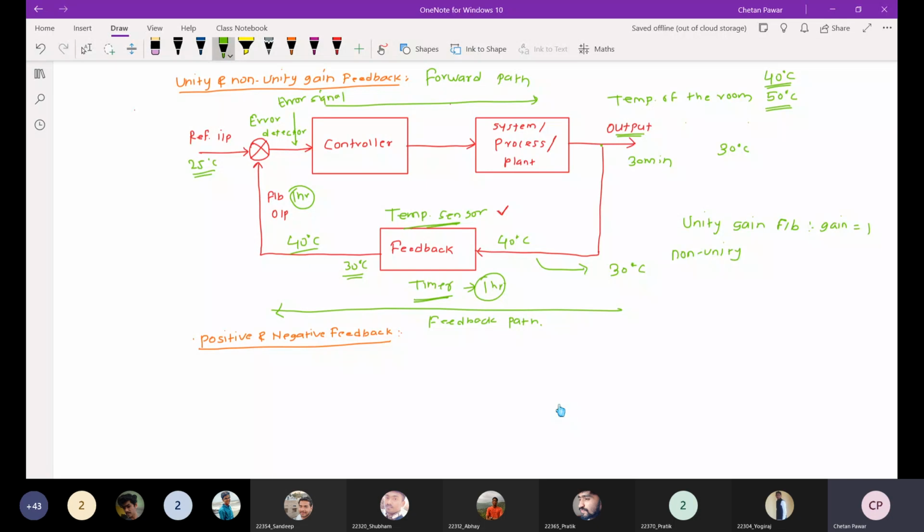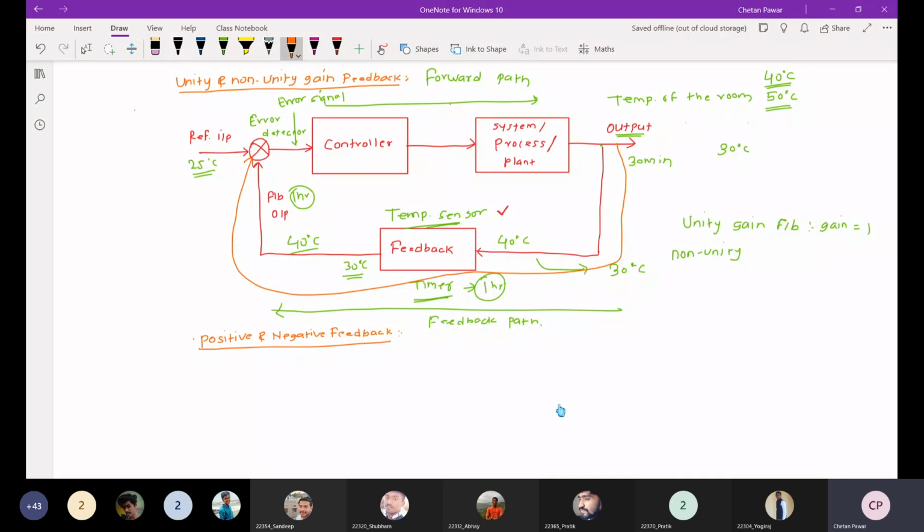Even if you directly connect this output to the error detector, that feedback will be unity gain, because whatever output signal you are measuring, you are just giving to that error detector. So I just draw that unity gain feedback path. Like this way also you can directly connect it, and this is also called unity gain feedback.